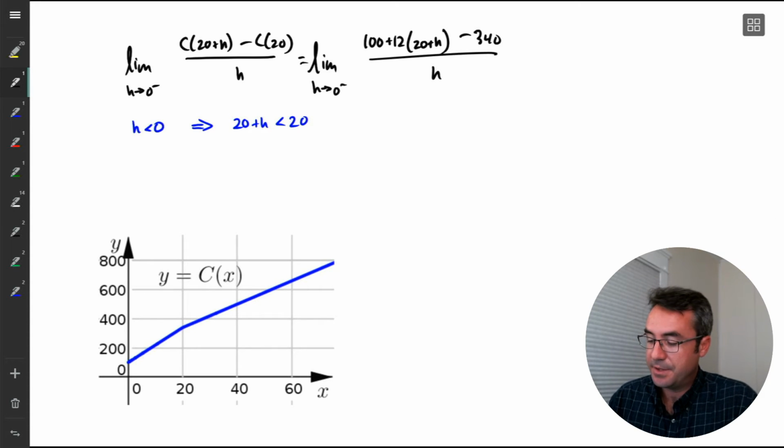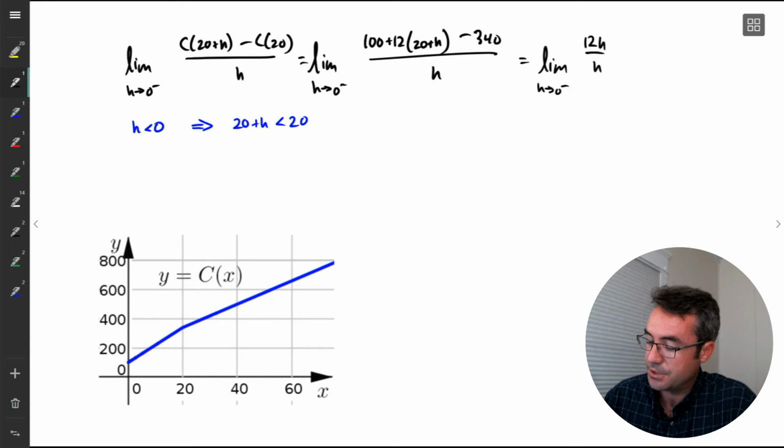Let's simplify this. So I end up with 100 plus 240. So 100 plus 240 is 340, and then I'm subtracting 340, so those are going to cancel. And what I'm left with then, when I distribute the 12, is 12h over h.